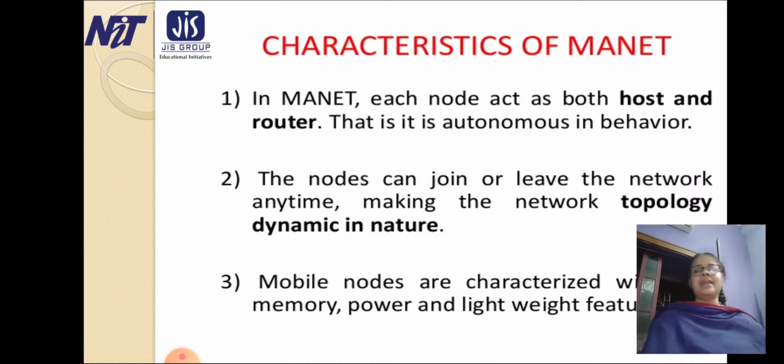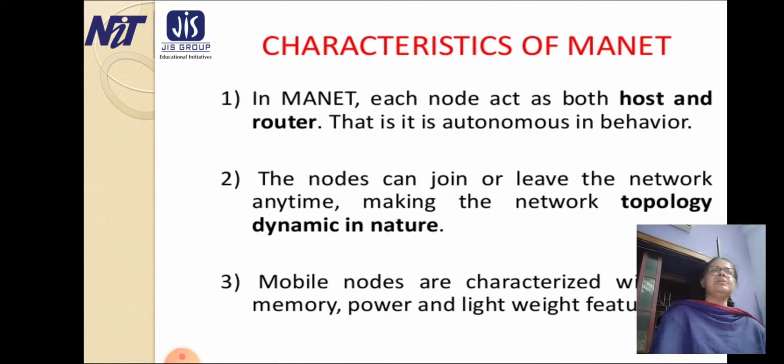Characteristics of MANET. In MANET, each node acts as both host and router, that is autonomous behavior. Being an infrastructure-less network, MANET possesses a number of features which enable its users to use it more frequently. Remote area access is one of the features: establishing an infrastructure-less network in areas where population is less dense.